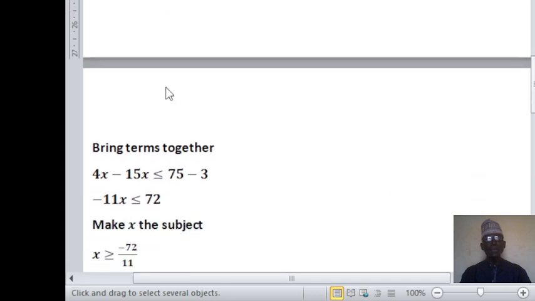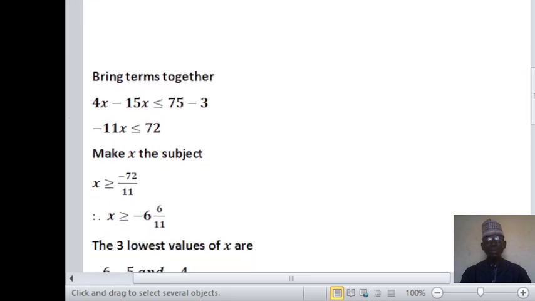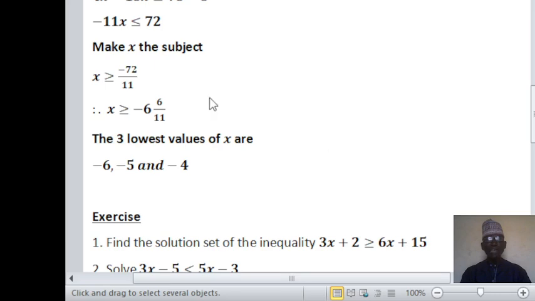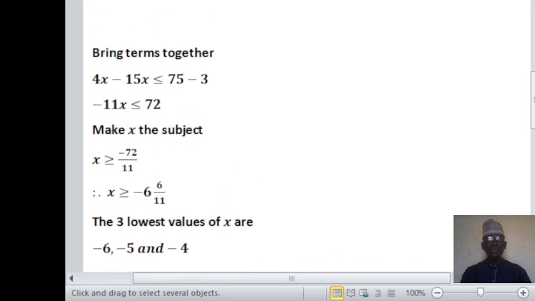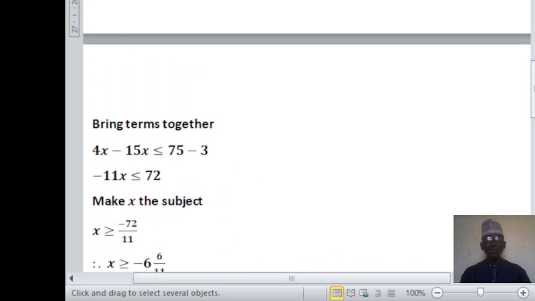From here, we will now bring the terms together. You take the terms containing x, containing letters, to one side. 15x crosses to the other side, you have 4x minus 15x.